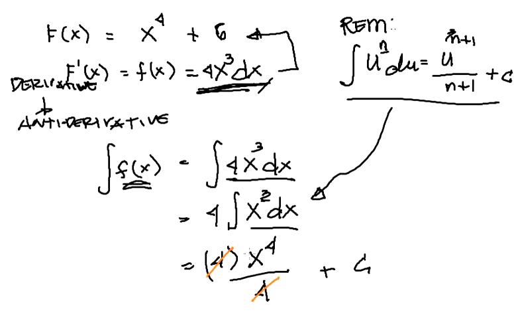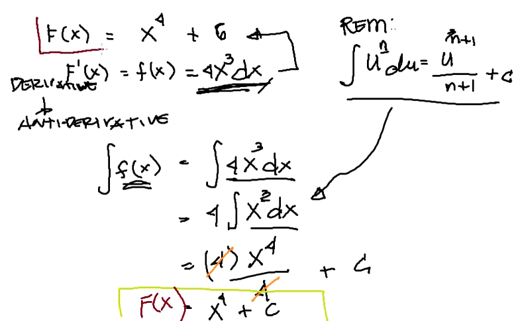Then 1 times x to the 4th is just x to the 4th. So let's simplify this. We have x to the 4th plus c. That is now our final answer.